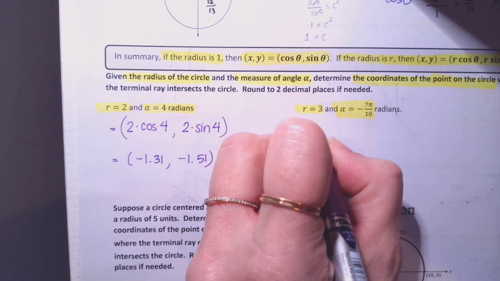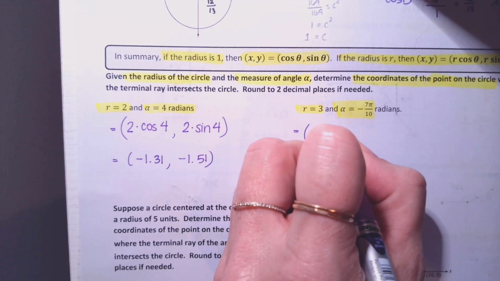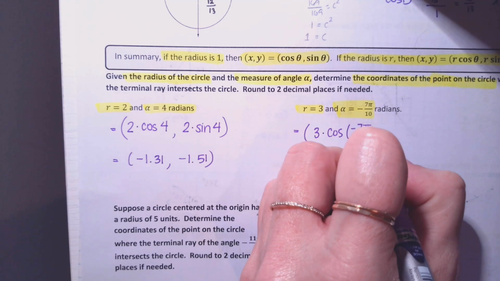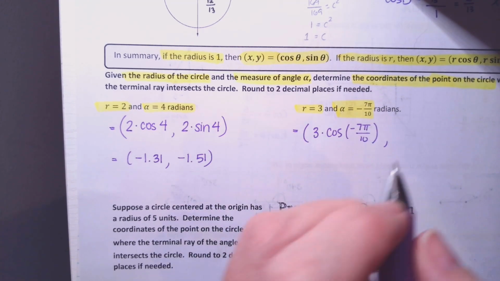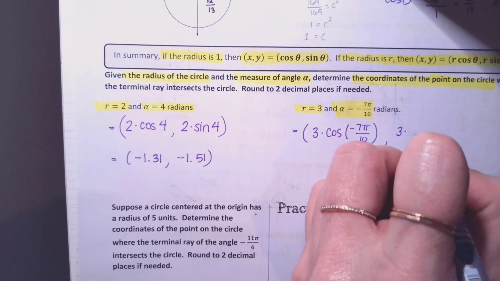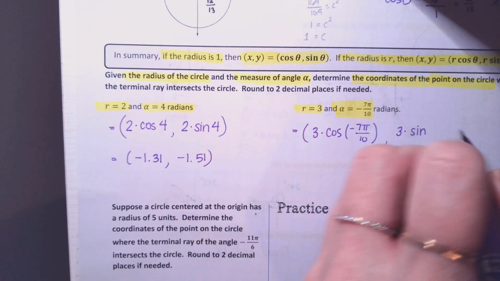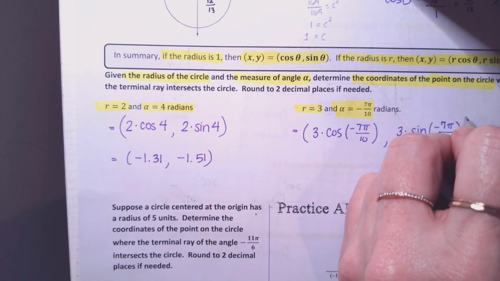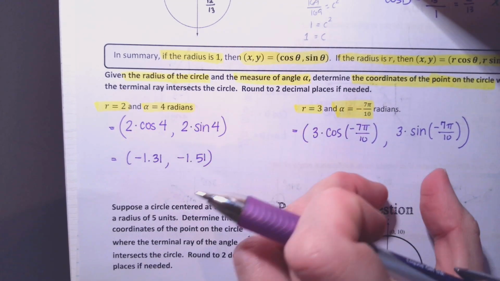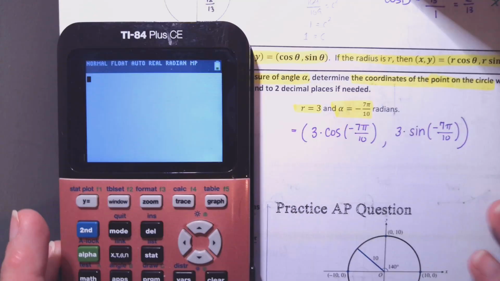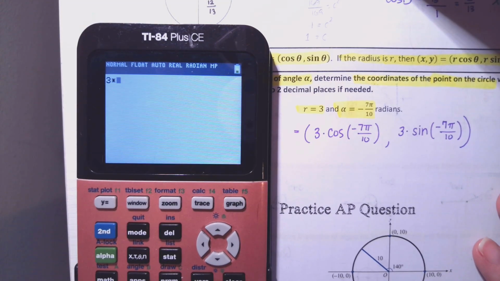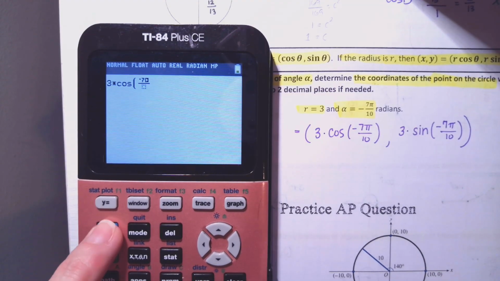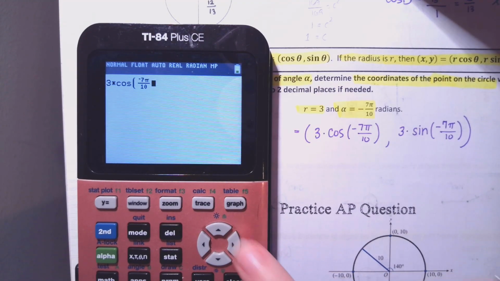So we're gonna have our radius times cosine of the angle, which is negative 7 pi over 10, comma, and then the y value of the point would be radius times the sine of the angle, negative 7 pi over 10. And then we'll get those calculated so that we see our x and our y. So the first one, I'm going to have 3 times the cosine of, I'm going to do a little fraction, negative 7 pi over 10.